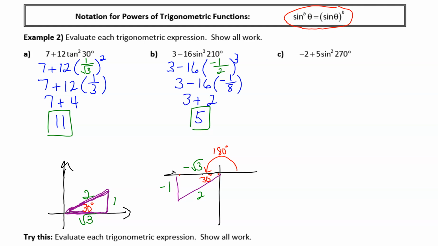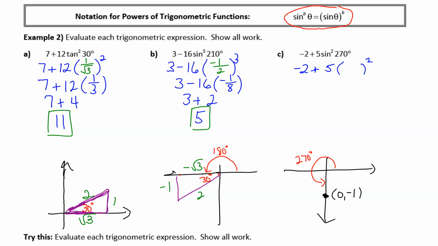To evaluate the next expression, we'll need to find sine of 270 degrees first, before squaring it and then performing other operations. 270 is a quadrantal angle. The point of its terminal side can be the point (0, -1). Again, the -1 doesn't matter as long as it's some negative value. The first coordinate has to be 0.